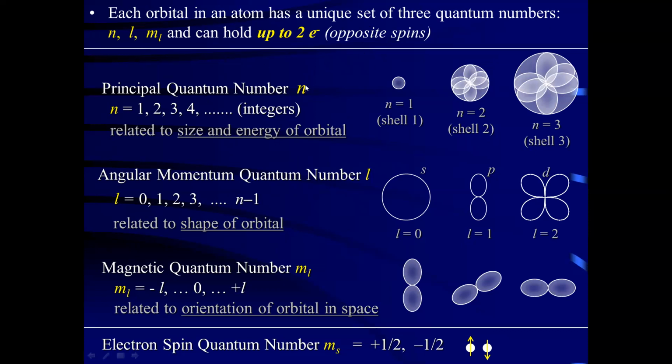The principal quantum number n relates to relative size, and when it increases, size increases. The angular momentum quantum number relates to shape; when it is 0, 1, 2, you have different shapes. And the last quantum number tells us the spin of that electron, either spin up or down.